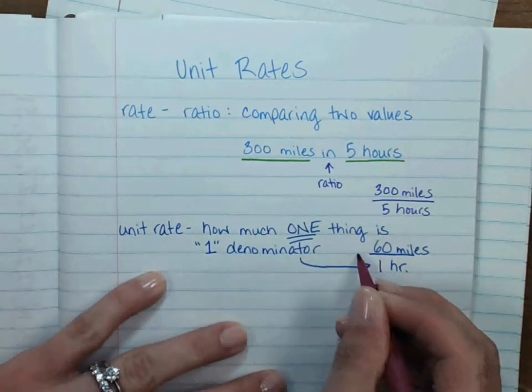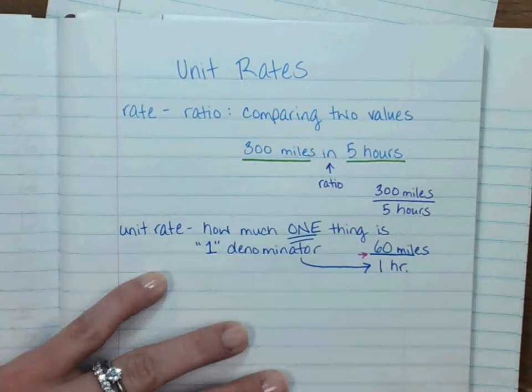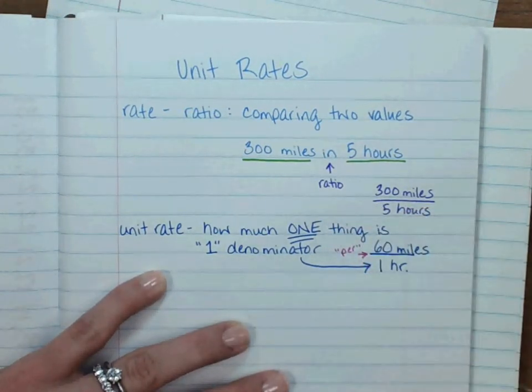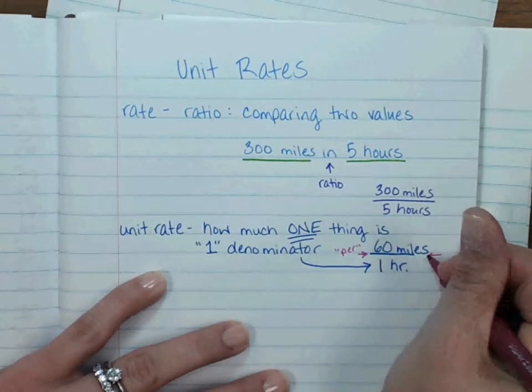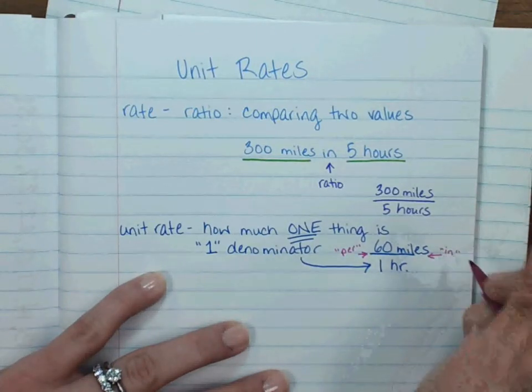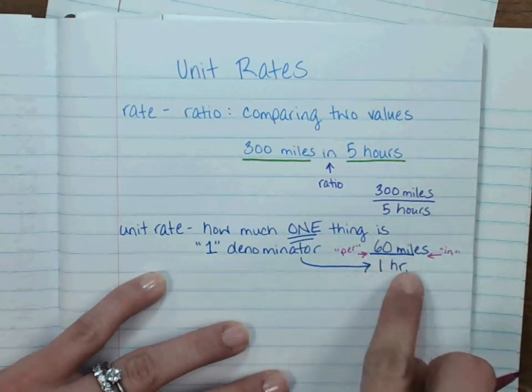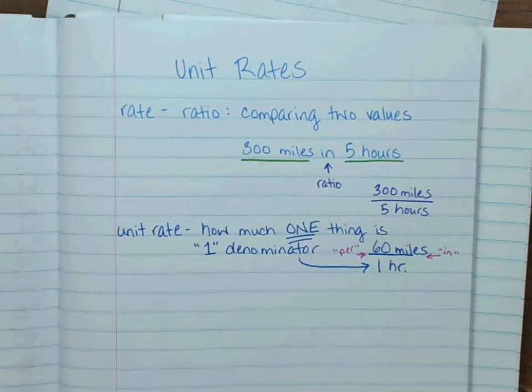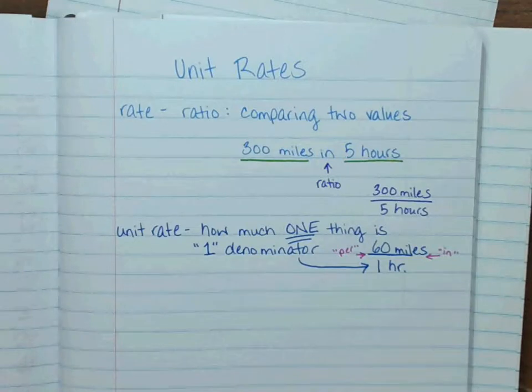This bar you might hear called per or in. 60 miles in 1 hour, 60 miles per 1 hour. It looks like a fraction, but it's a ratio because it's a comparison between two different things, not a part of one whole thing.